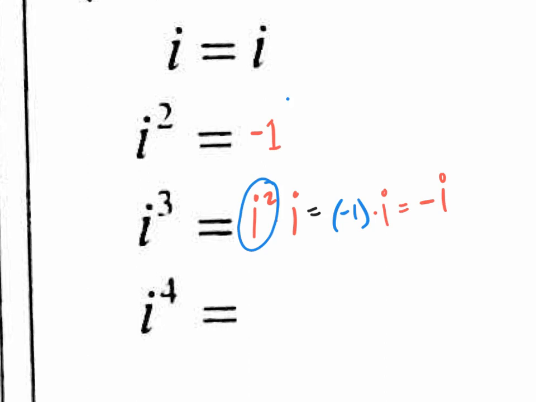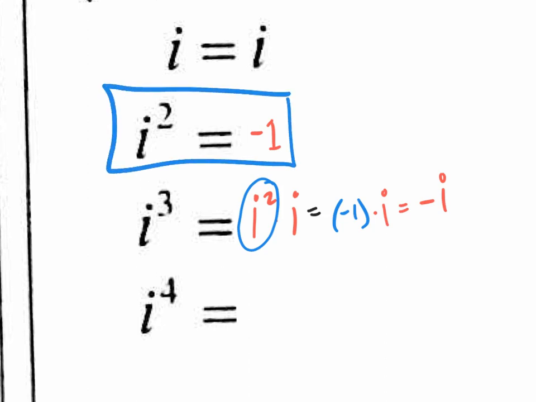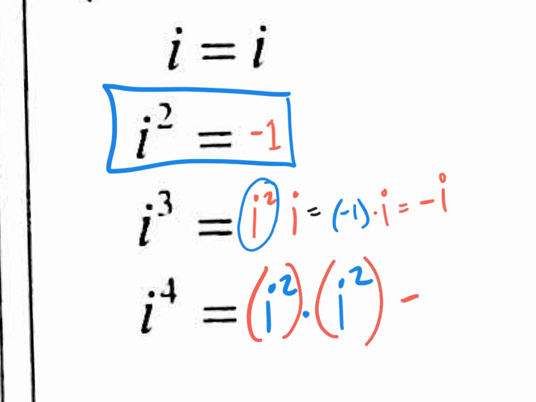Which one do I love so far? I love this guy. i squared equals -1. It's beautiful because you have an imaginary, and if you square it, you get back to a real number. This is my next favorite one. I love this one because I could rewrite i to the fourth as i squared times i squared. Check this out. Now, we already know i squared is what? -1. So what I really have here is -1 times -1, which is what? +1.